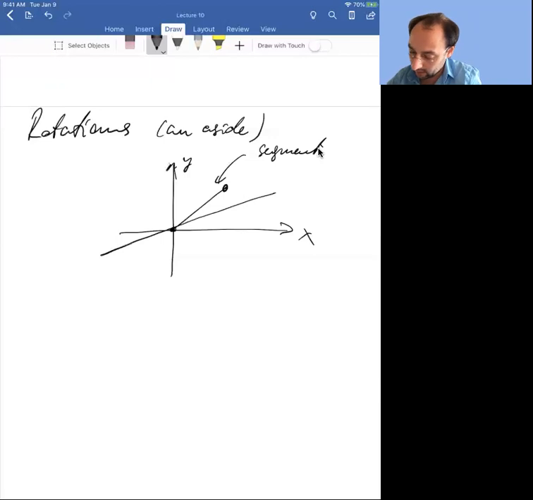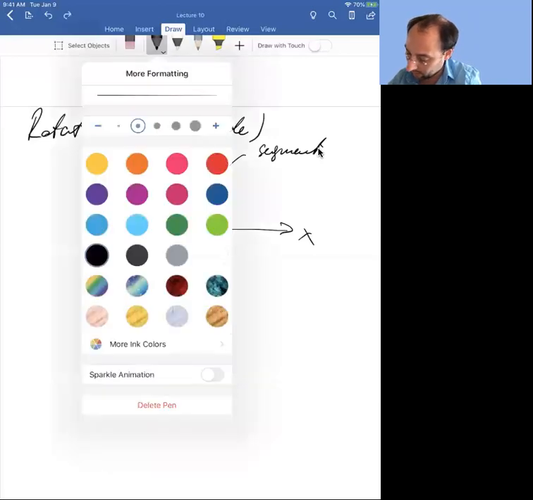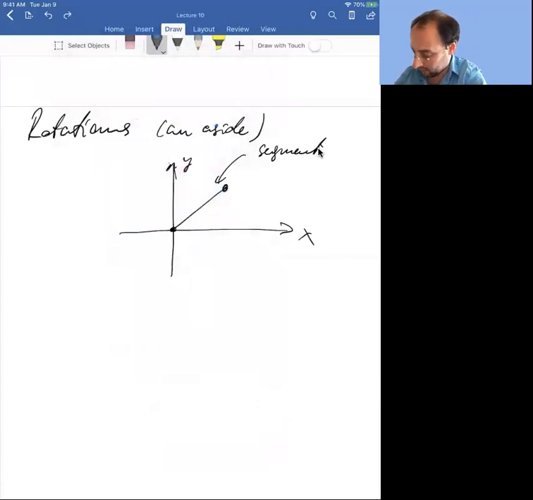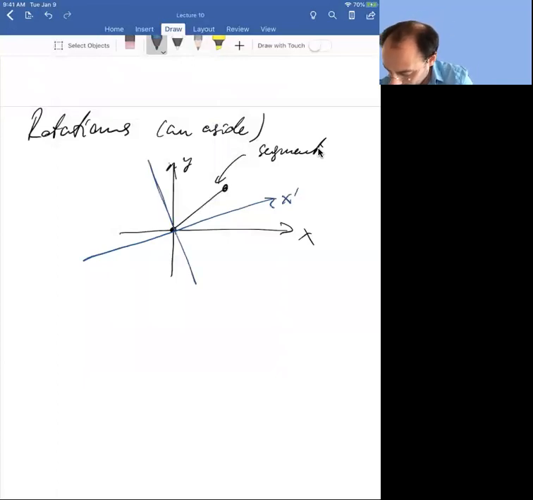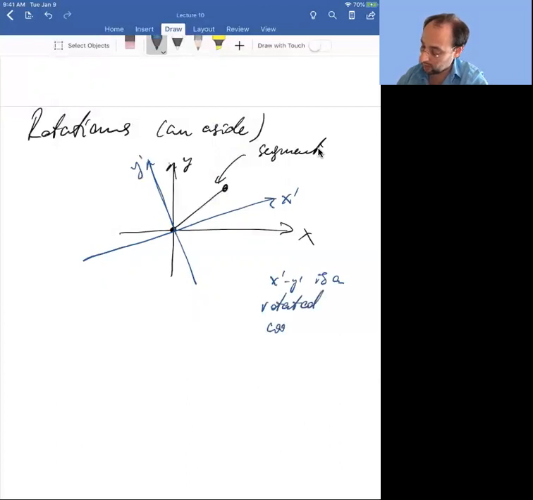Let me choose a different color. Here's a rotated coordinate system, x prime and y prime. So x prime, y prime is a rotated coordinate system.